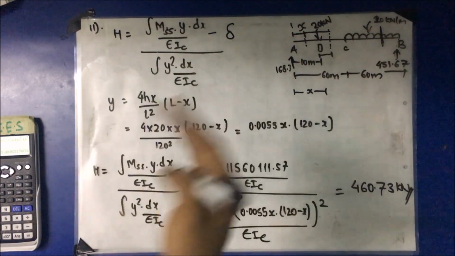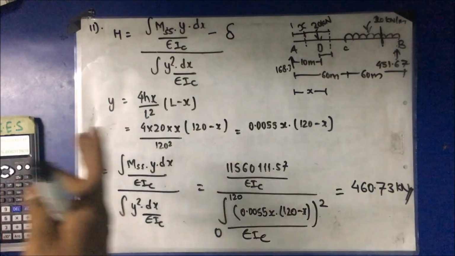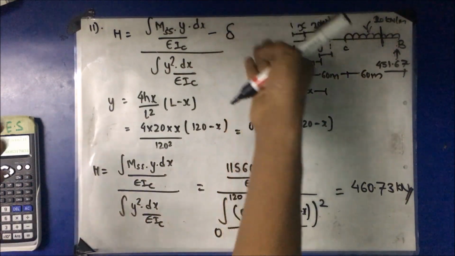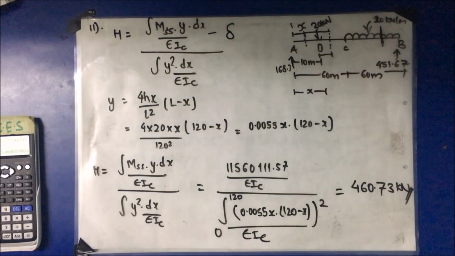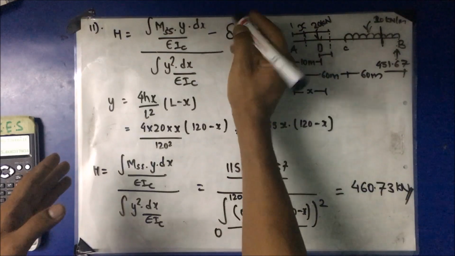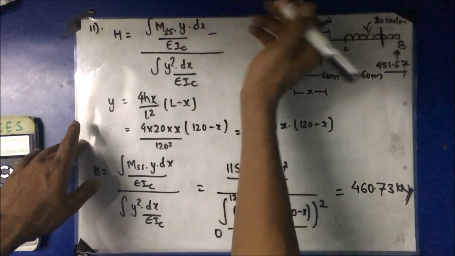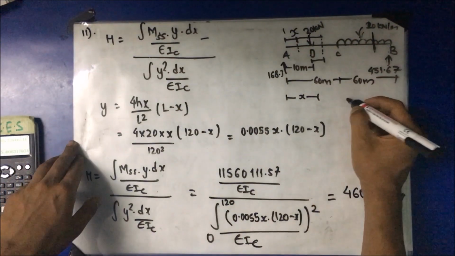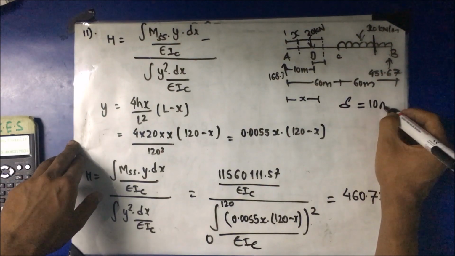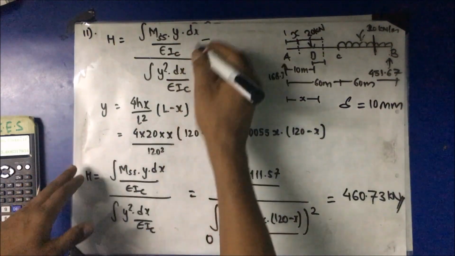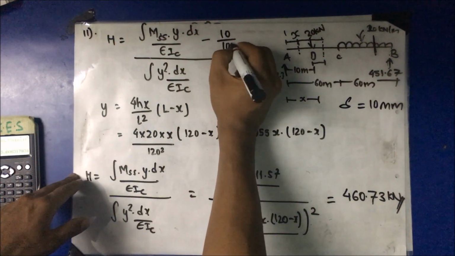If it is 10 mm, then you write minus 10 divided by 1000, you have to take it in meter.